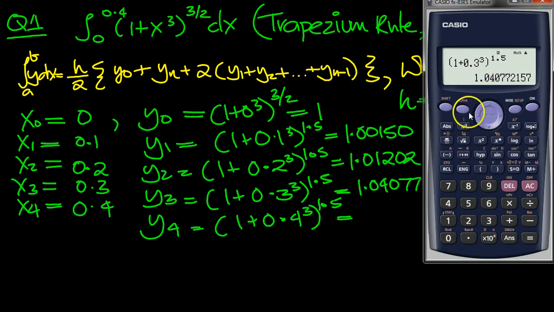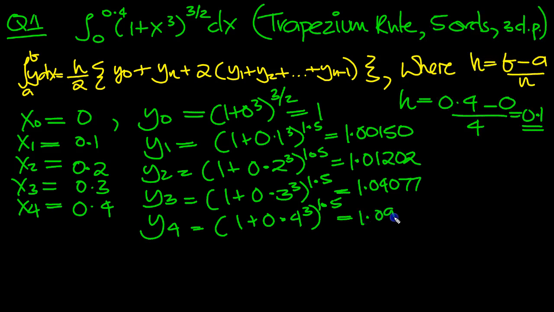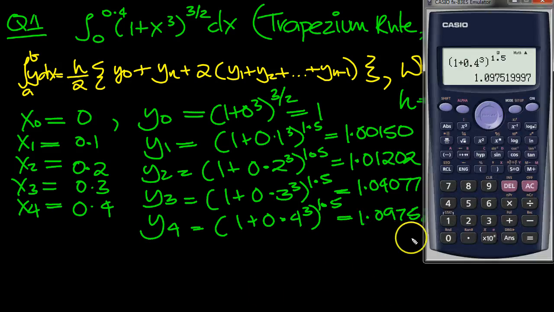Yeah, that's fine. Now we go to 0.4. Delete that. Equals 1.09752, isn't it? This one will become a 2 because the 9 rounds it up. Let's just check that again. So yeah, that's fine. Good.